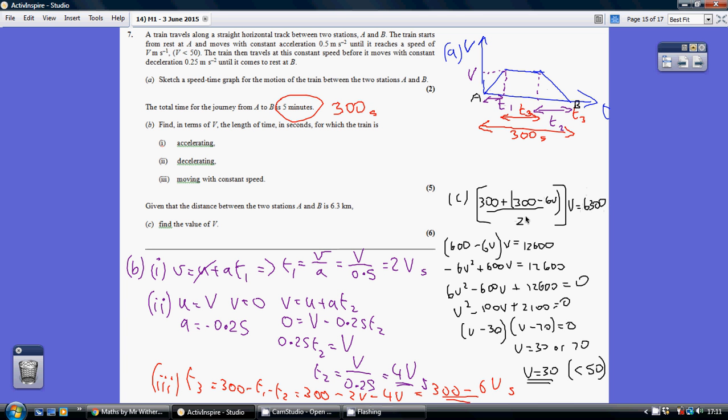So what have I done? I've multiplied through by 2, and then I've obviously simplified the numerator. The numerator is 600 minus 6v, and I've multiplied through by 2. Then multiply out the bracket, rearrange and make equal to 0. I get this quadratic equation, divide through by 6 and solve the quadratic.